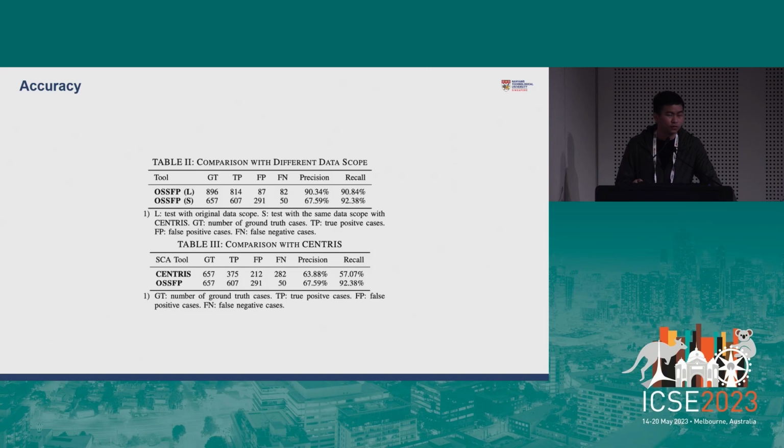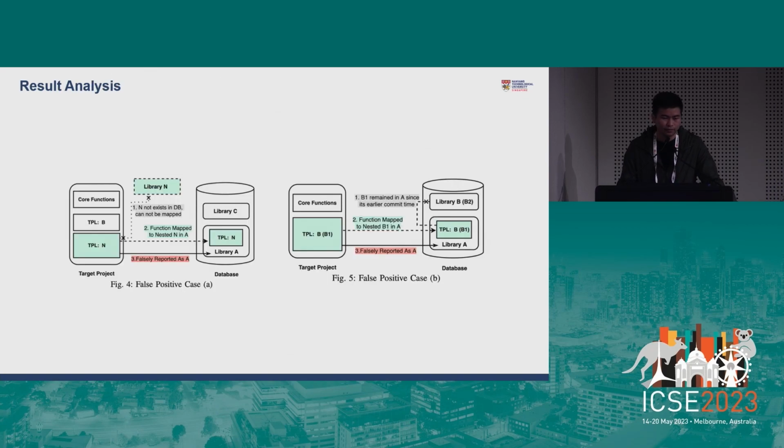And although using the core functions will hugely improve our precision and recall, there are also some false positive cases. But these cases are not coming from the partially used cases or the common and trivial functions. They are simply because our data scope is not complete.